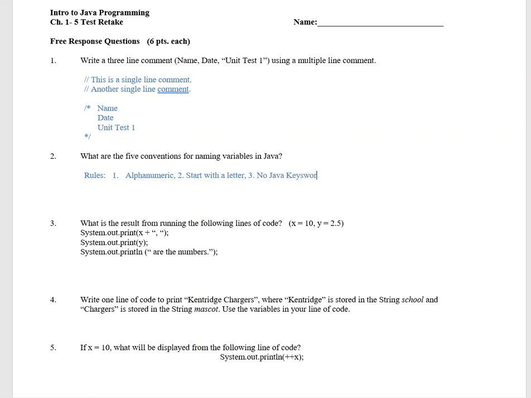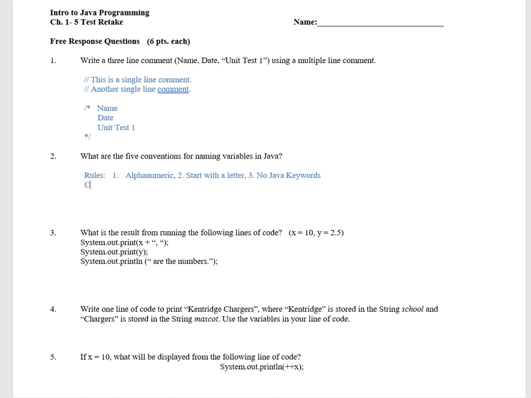Now, this means no Java keywords and must start with a letter; those are have-tos. If you try to name a variable that's not alphanumeric, that doesn't start with a letter, or that uses Java keywords, it won't work. You'll get errors and you can't run your program. The next one is what we call conventions.